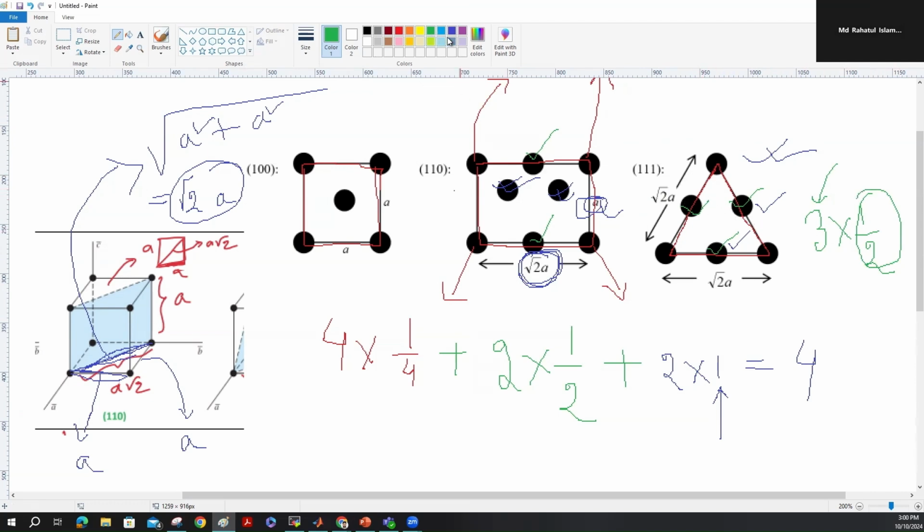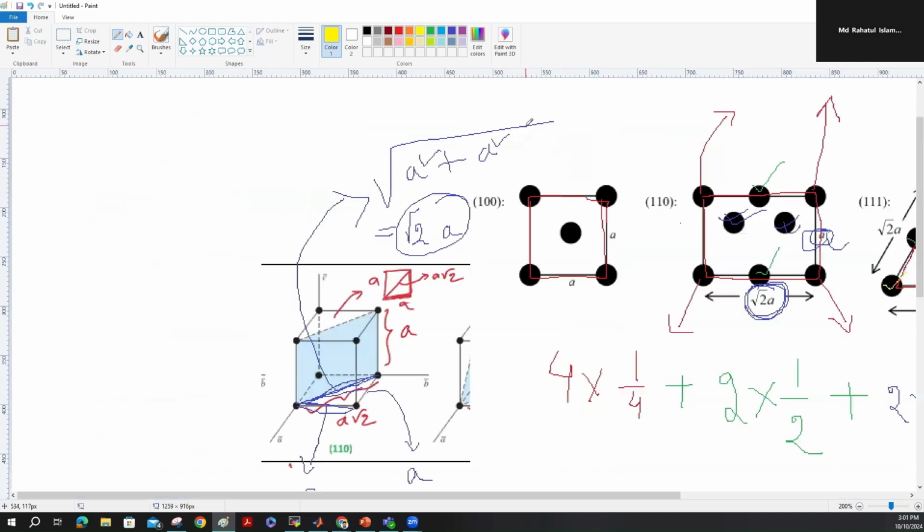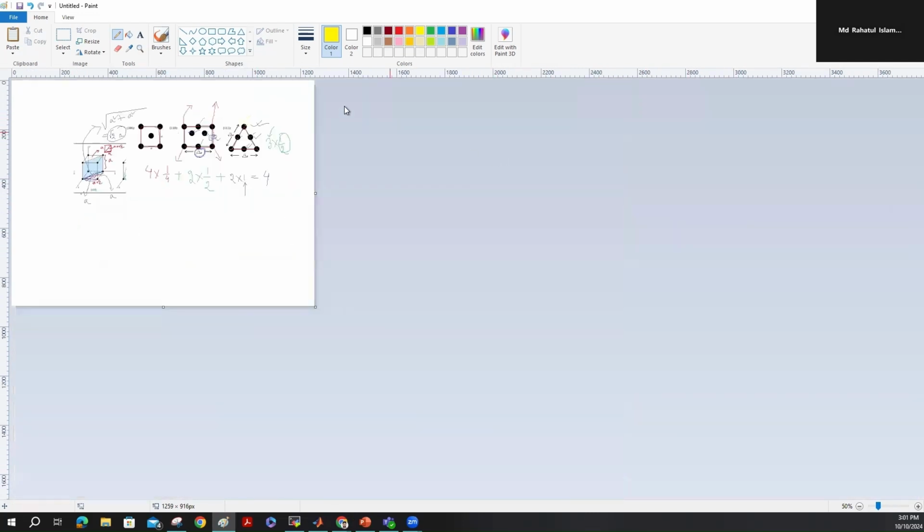And we have other atoms here, so this one, and this one. As you can see, 1/6 of the atom is inside the plane. How? Let me give you some details.